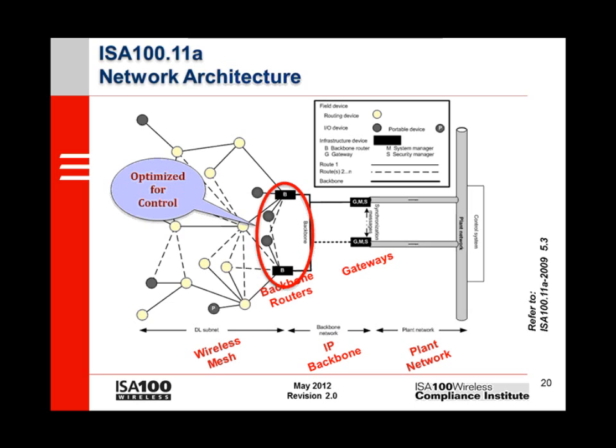A more fundamental ISA 100 optimization is the architecture of the network itself. The ISA 100 network standard was designed to be a plant-wide resource, not dozens of little networks with hundreds of little edge conditions. If the network is designed optimally for control, wireless devices everywhere in the plant should be able to find at least 1 clear shot at the backbone, and preferably 2 or more.